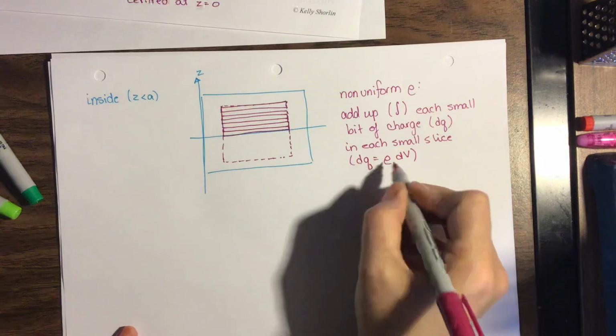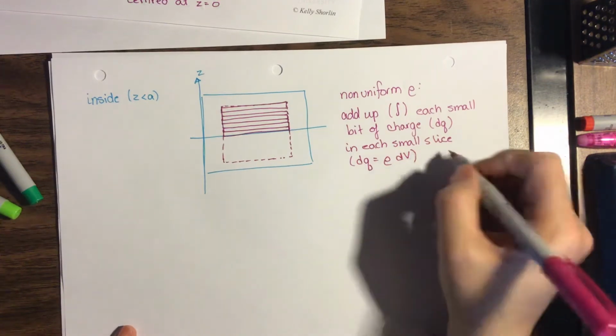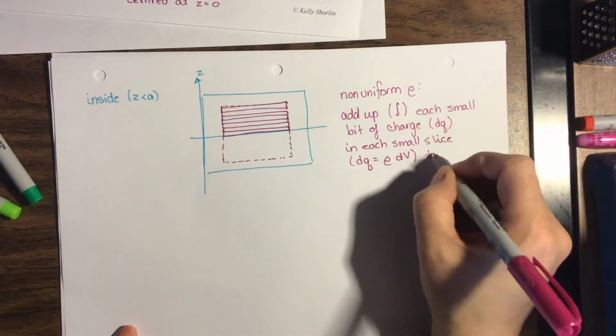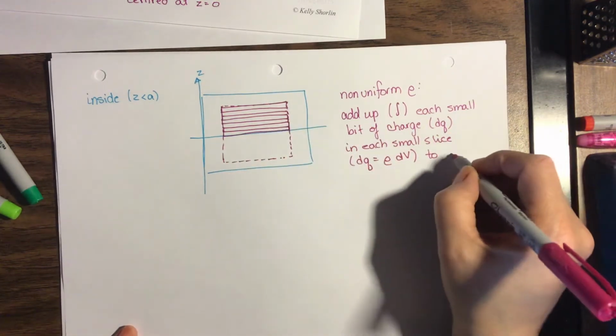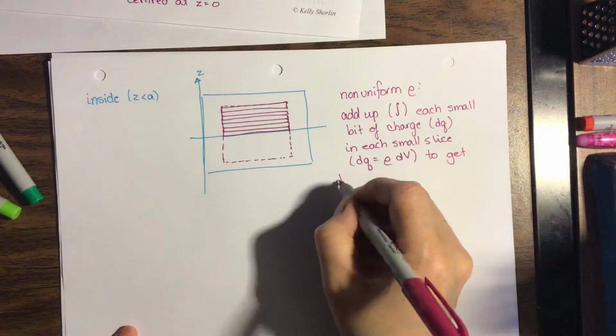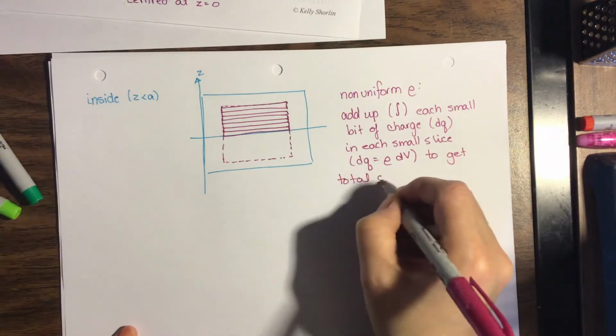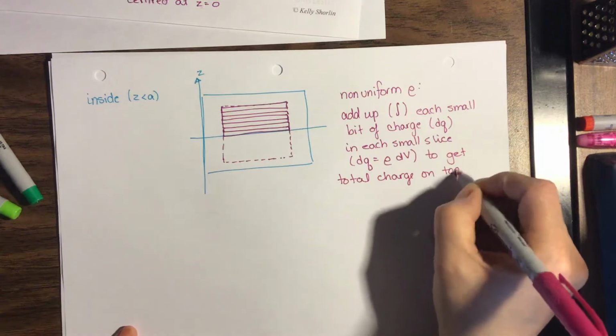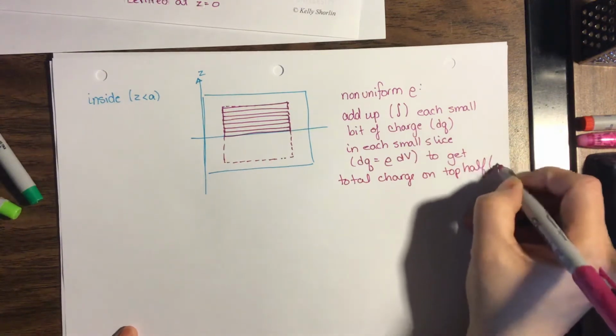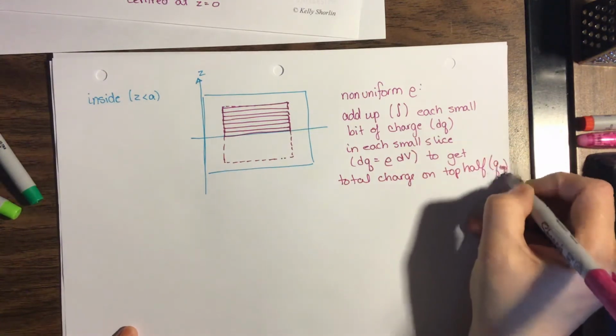That's going to get the net charge on the top half of my Gaussian surface. I'll call the total charge on the top half Q top.